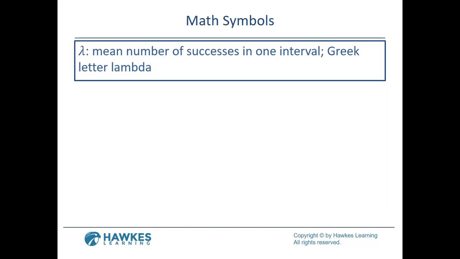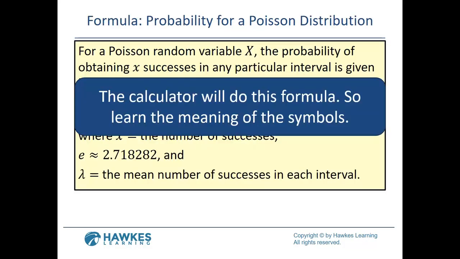And guys, don't forget that when we talk about the mean number of successes in one interval, we prefer to use the Greek letter lambda, but you can still use mu. You'll notice that your calculator defaults to mu, but lambda normally lets us know that there's an interval involved. Let me point out that you are about to see a formula here.